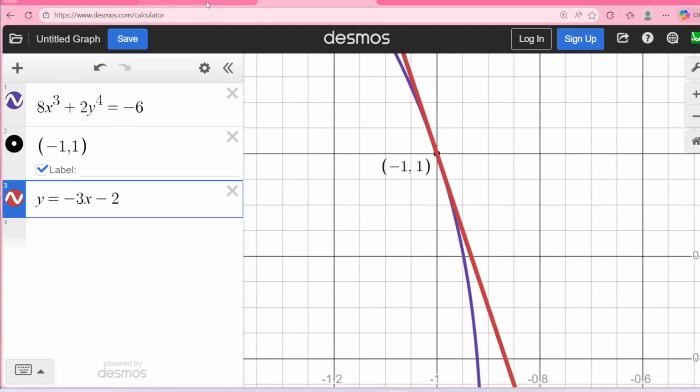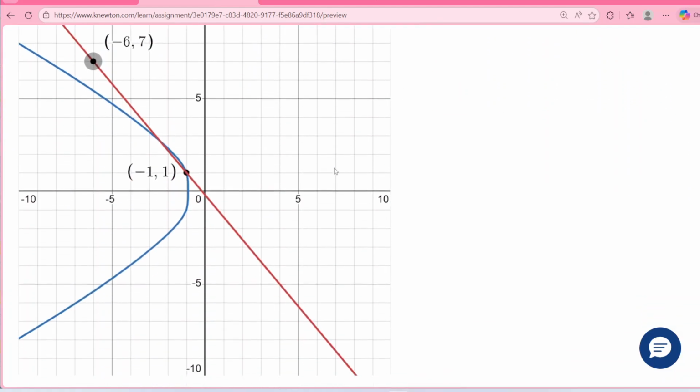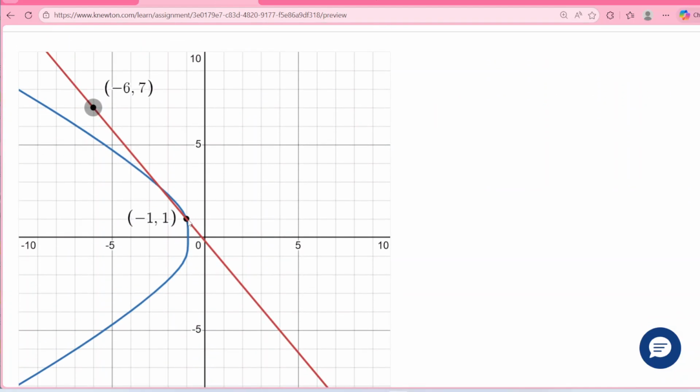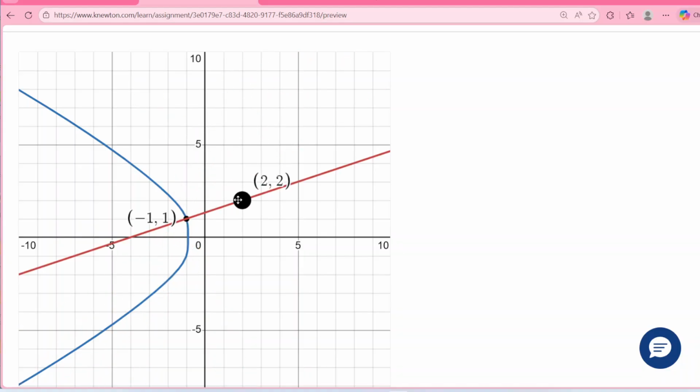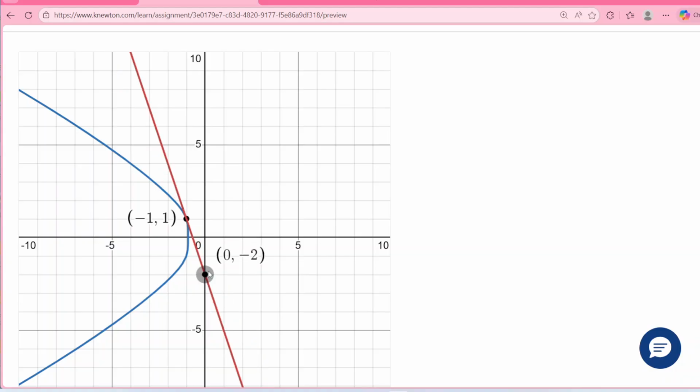All right, so what I want to do in the problem, they already had the line going through the point -1, 1. I just need to move this other black point here, some other point on the line. Well, I know that that's y equals -3x minus 2, so 0, -2 would be the y-intercept. So there you go.